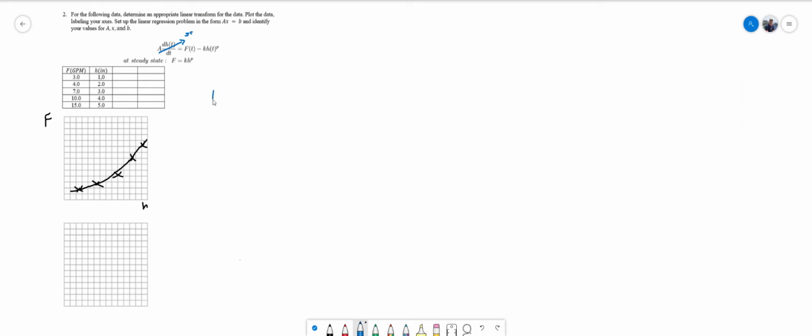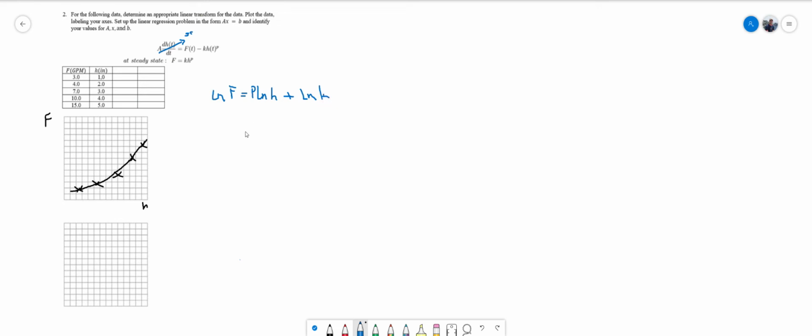And if I do that, I'll end up with ln of f is equal to, I'm just going to rearrange this a little bit, ln of h times p, plus ln of k.